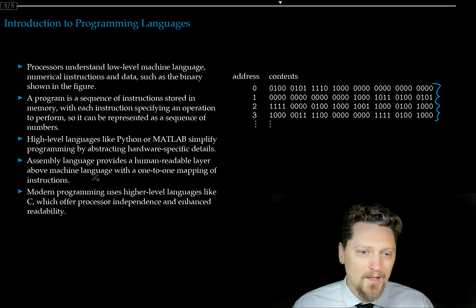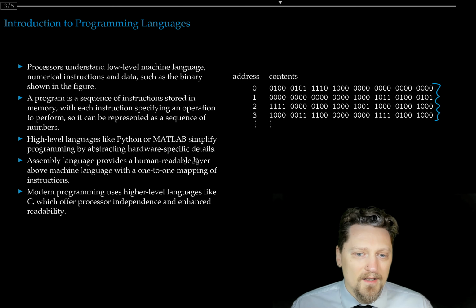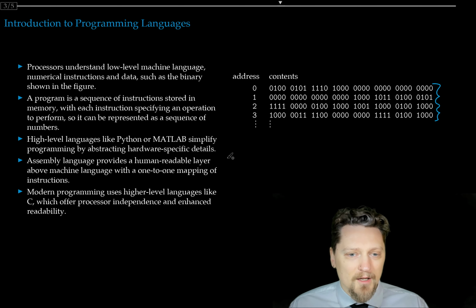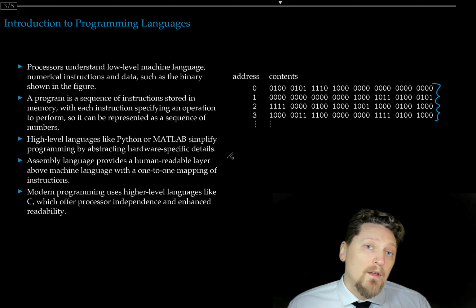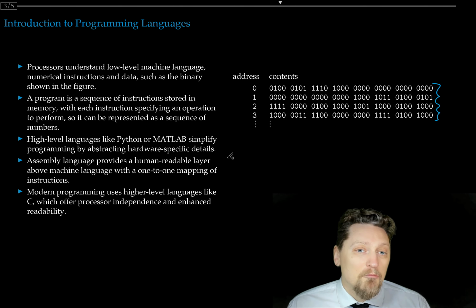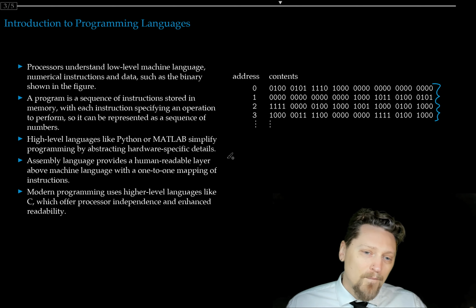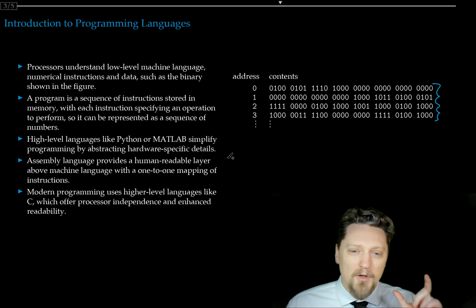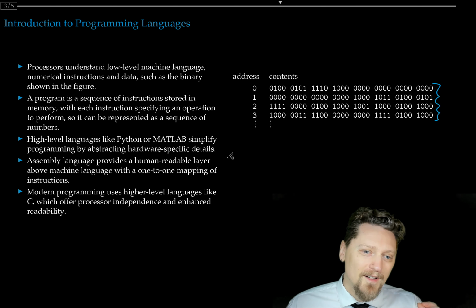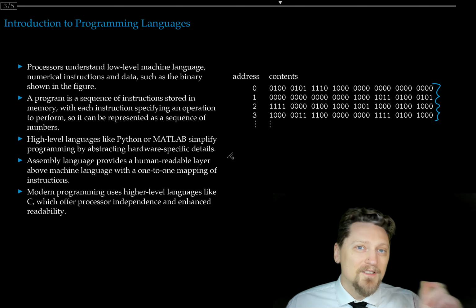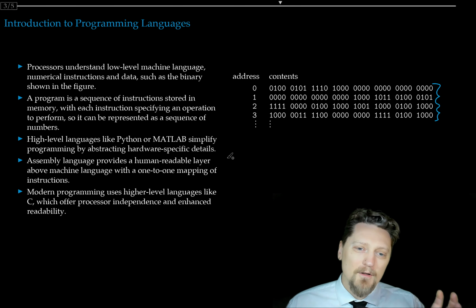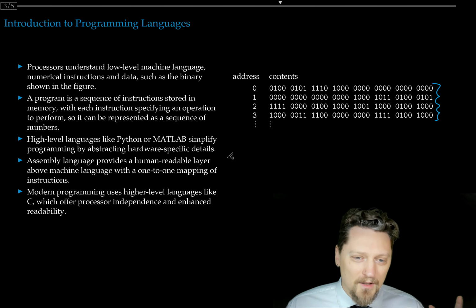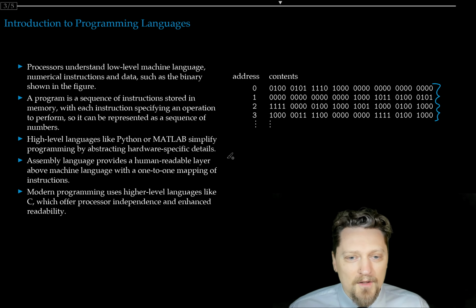Okay, assembly language provides a human-readable layer above machine language with a one-to-one mapping of instructions. So an instruction in machine code is a number. If we give that number a symbolic representation, say load or plus, a very low-level operation, we can give it a name, and that would be assembly language.